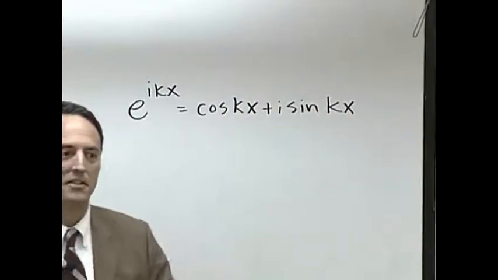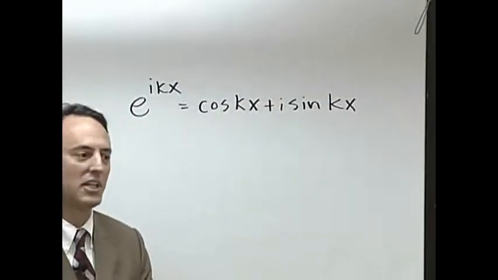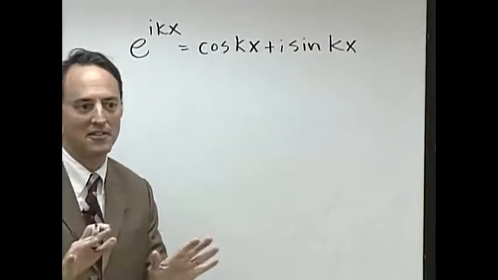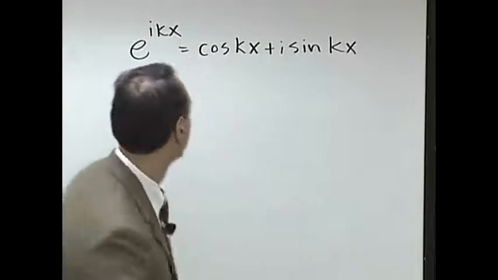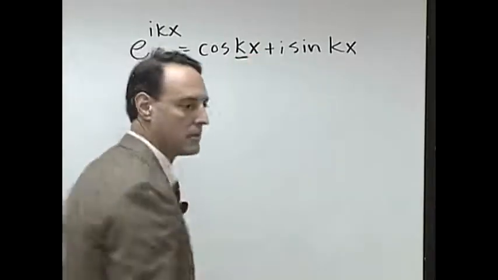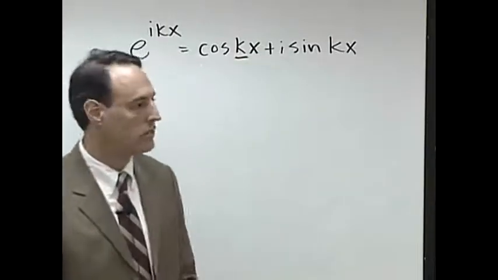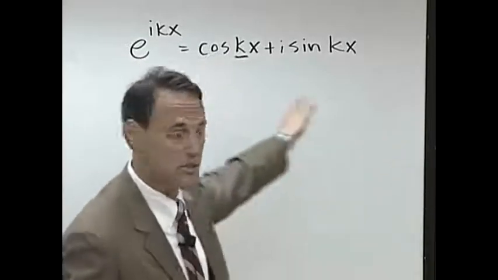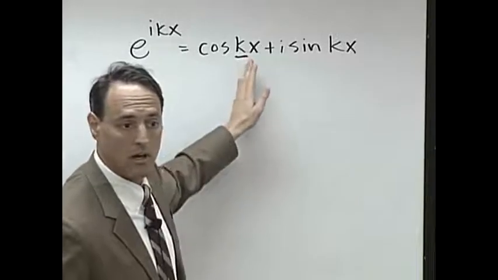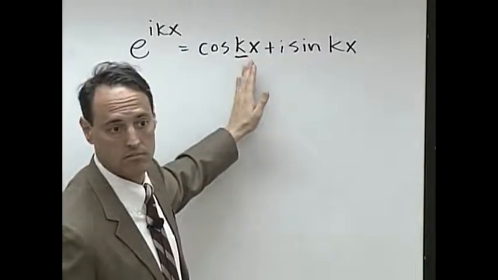Do you remember this? E to the ikx is just really cosines and sines in disguise. Okay. And what does k represent? K are your wave numbers. Or, really, they measure your frequency or your period, whatever you want to call it. That's a direct measurement of frequency content.